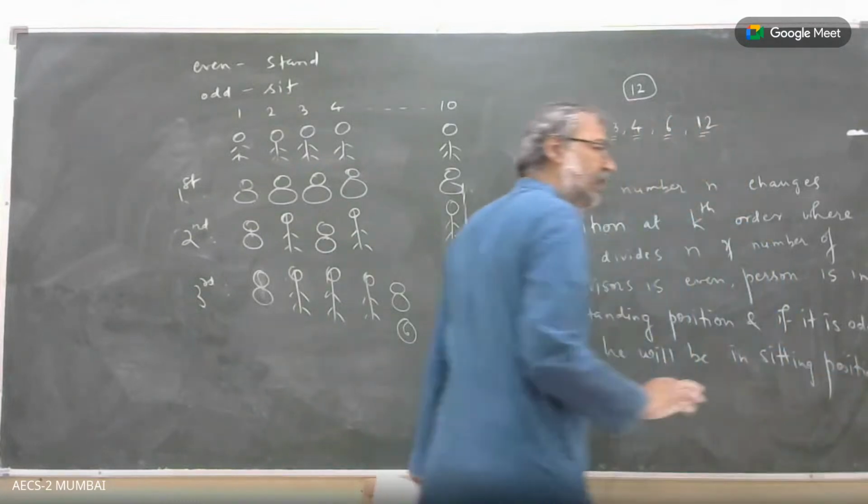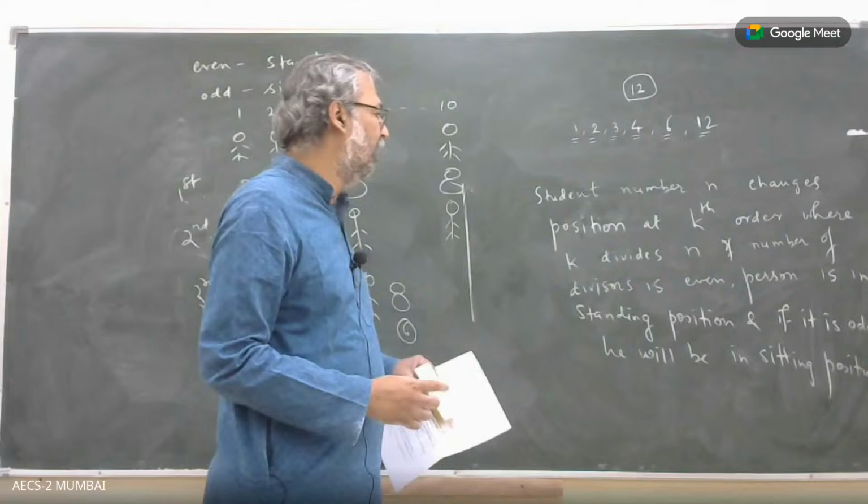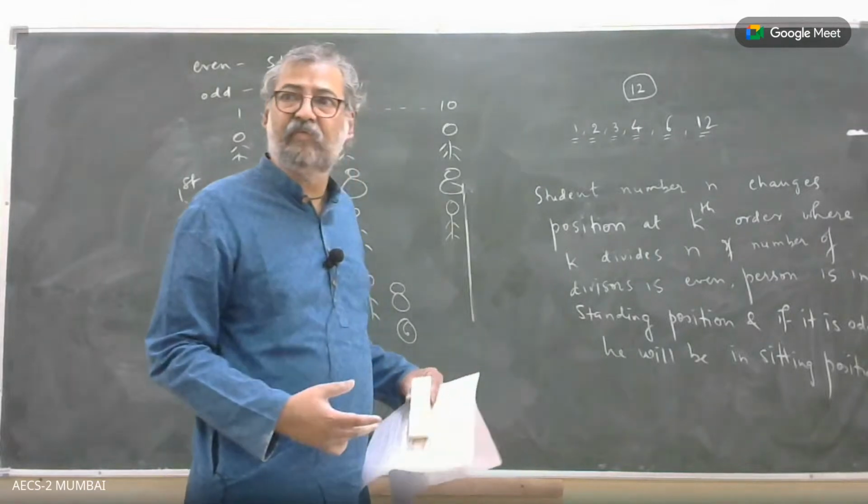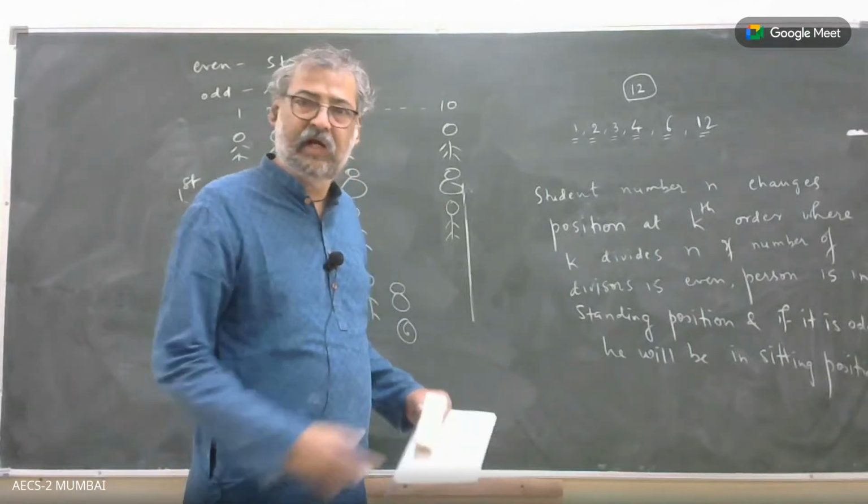So ultimately the question is which numbers have an even number of divisors and which numbers have an odd number of divisors, right? Okay.